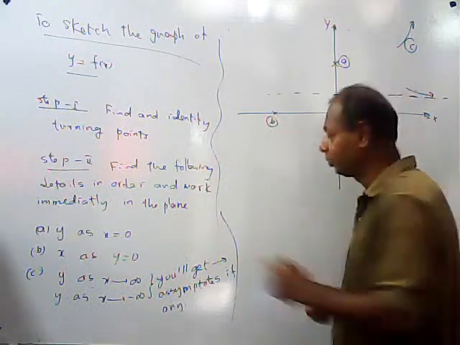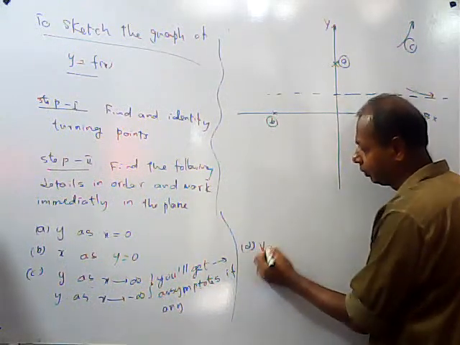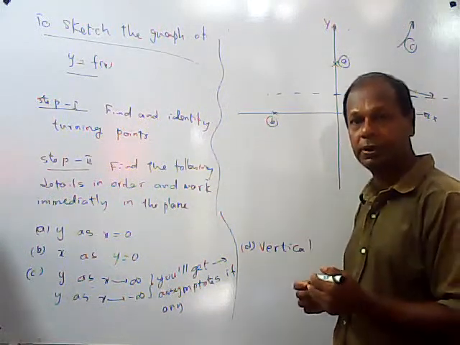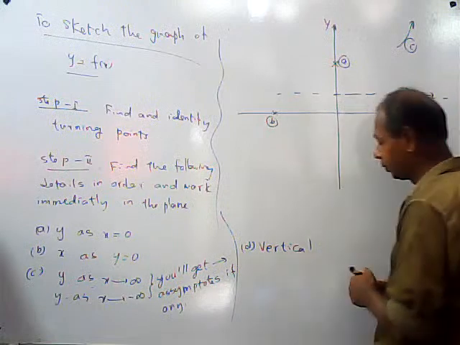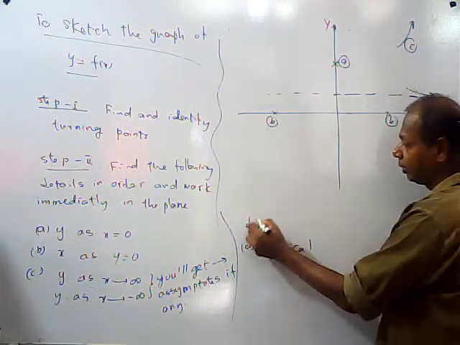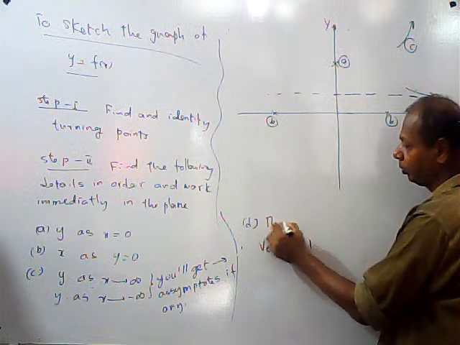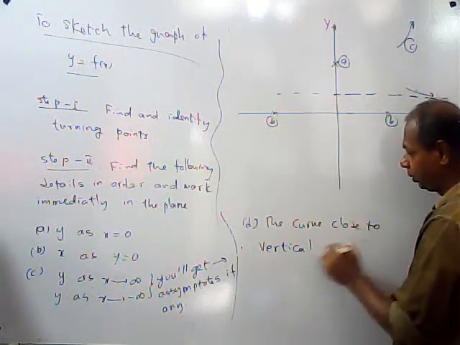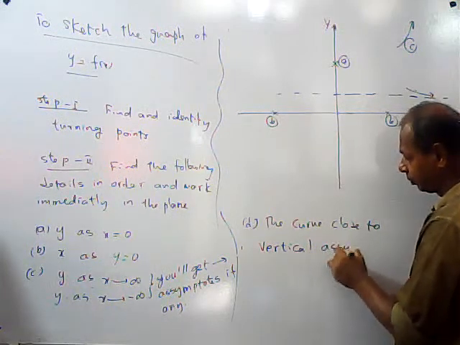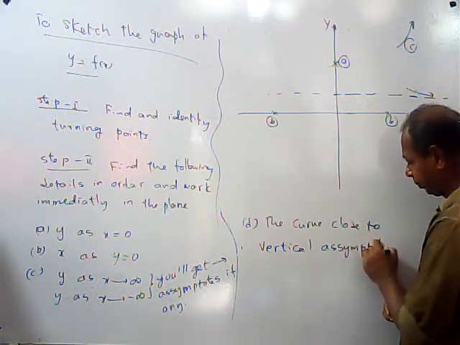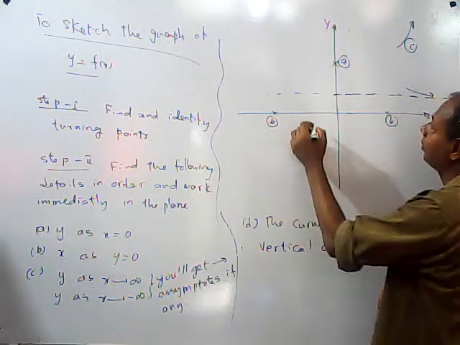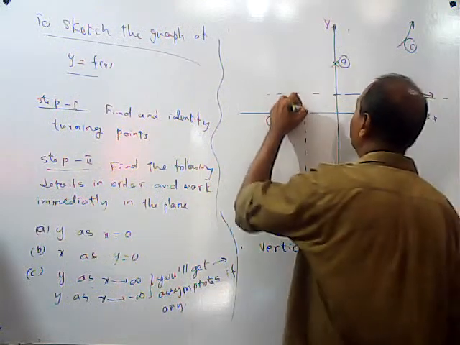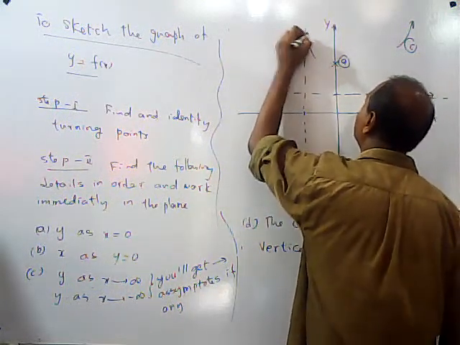That means the behavior of the curve close to the vertical asymptotes. So we write the curve close to vertical asymptotes. If you have vertical asymptotes, you will get some things like this.